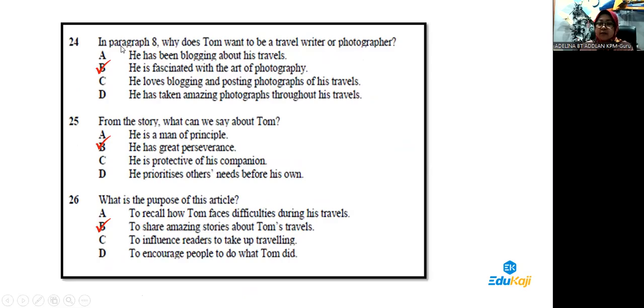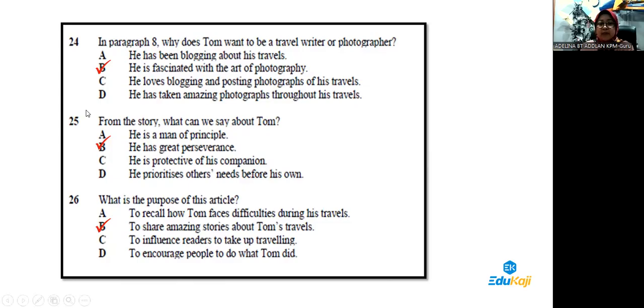Paragraph 8. Alright. But when it comes to question 25 and 26, from the story, you can see what we can say about Tom. This is an overall view of who Tom is. And you have to make your own assumption based on your own understanding, based on your own reading.